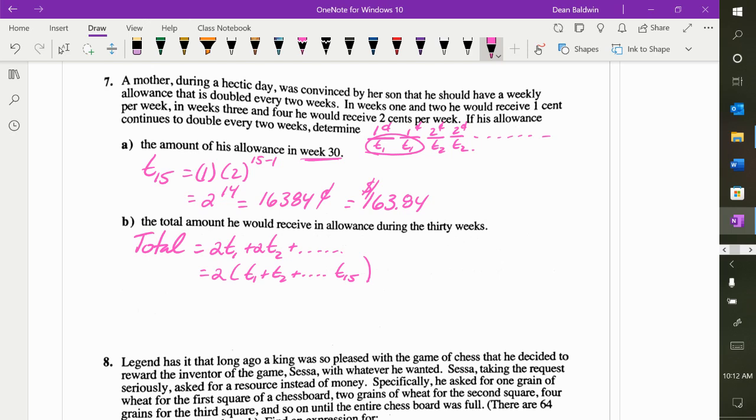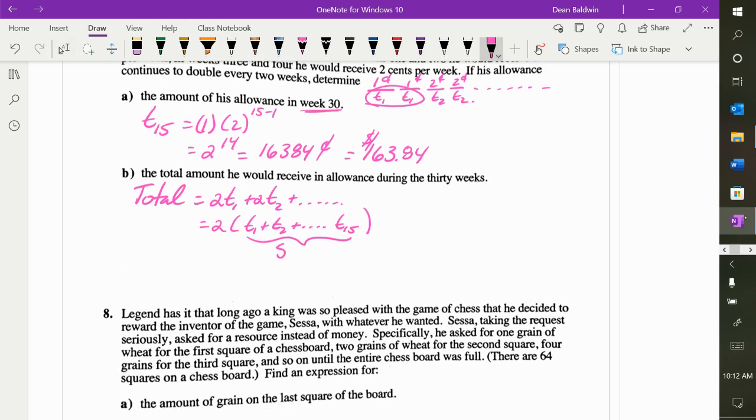That's exactly what you're going to do. You could add it term by term, but I wouldn't. This is just S15. So find the sum to 15, multiply it by 2, and that's how much he's made over the 30 weeks. So let's do S15.